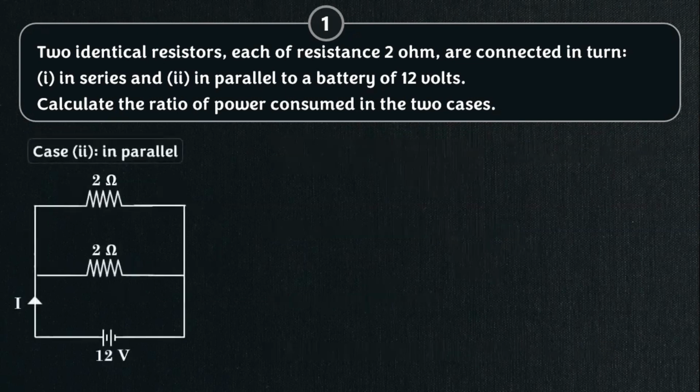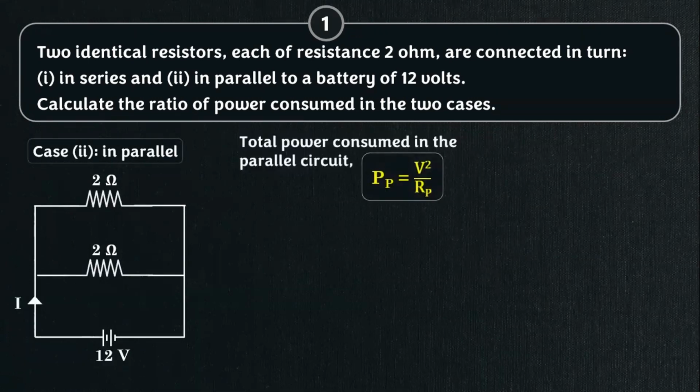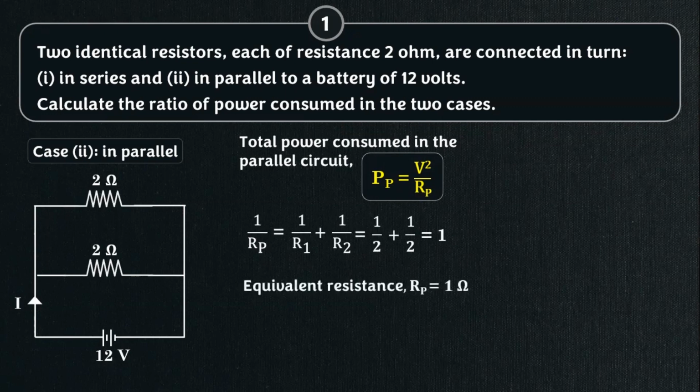Now let's see the second case, that is in parallel. Here also we can use the same formula. Power consumed in the parallel circuit is equal to V square divided by equivalent resistance in parallel combination. And by using the formula to find equivalent resistance in parallel combination, we will get Rp as 1 ohm.